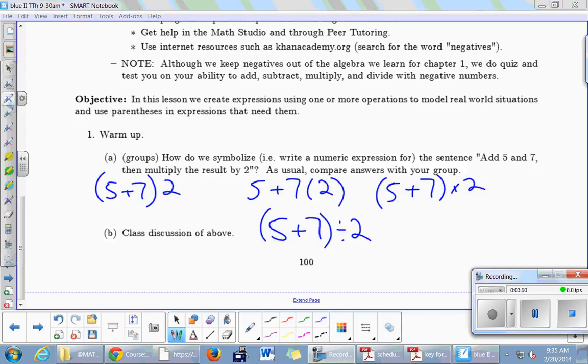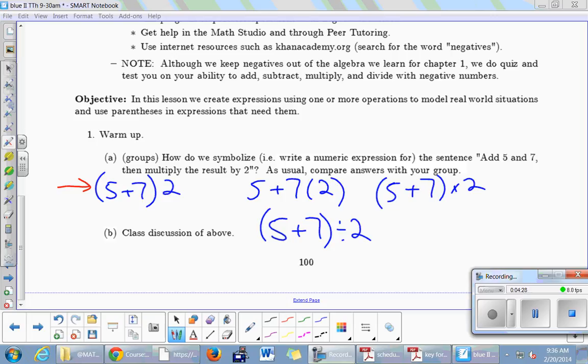Okay, so we've got 4 different versions of answers for the different folks in this class. And I want to know which one or which ones are right and which one or which ones are wrong and why. Holly? Well, the way I did it was, yeah, that's how I did it.